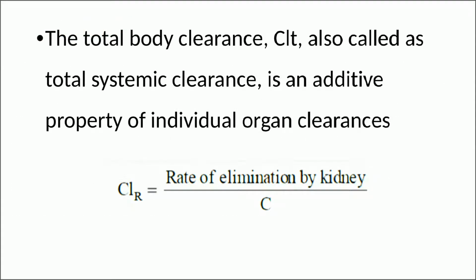Now the total body clearance, that is CLT, is also called total systemic clearance. It is an additive property of individual organ clearance. So the rate of clearance is equal to rate of elimination by kidney divided by the concentration of drug.